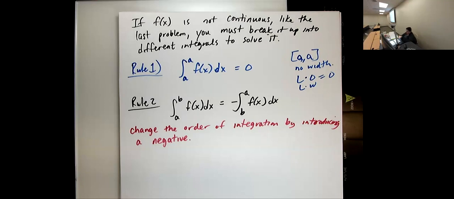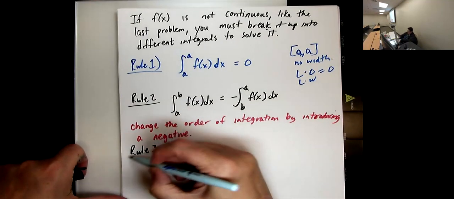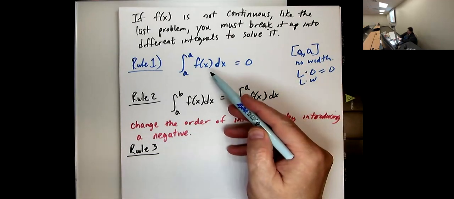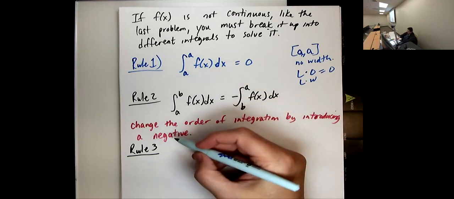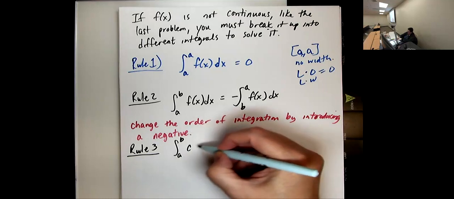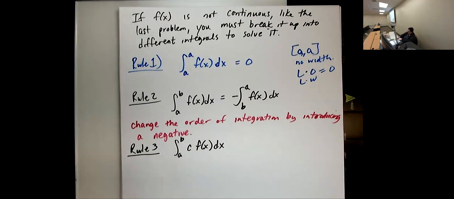Rule number 3. A lot of these rules stem from limit rules. This is based off a Riemann sum. The Riemann sum had a limit in it. And so if we had a constant inside of a limit, what could we do with the constant? Pull it out.